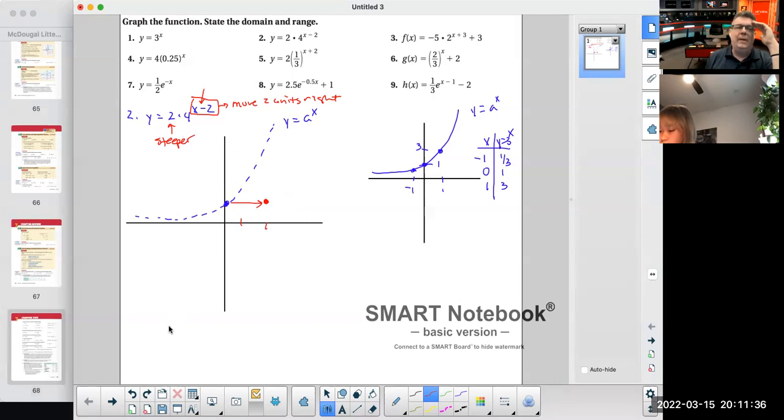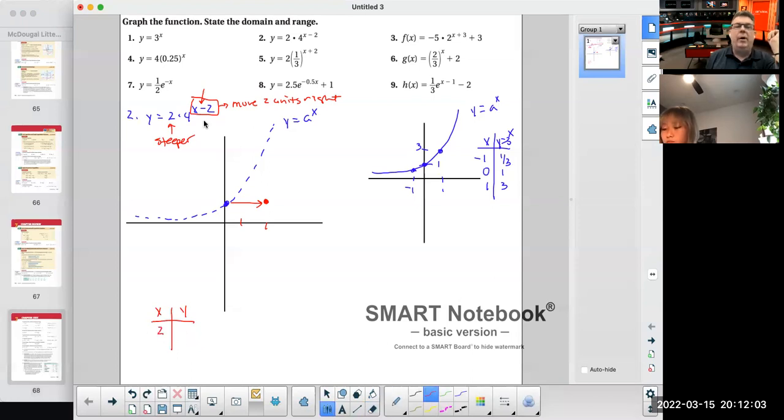Let's plug in 2, because that's what moving it 2 units to the right does.